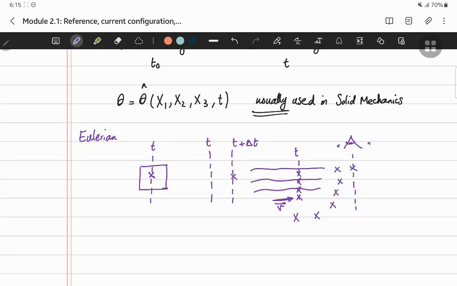But as soon as it crosses the line, the time that you actually specified, then you will be able to know what is the value of, for example, velocity or temperature or whatever. If it crosses that, then you don't know what it is. All right.